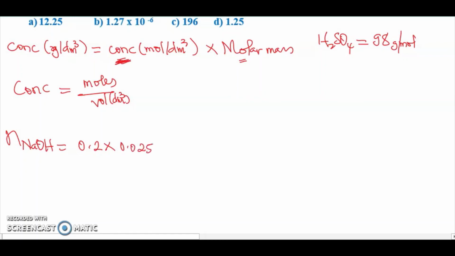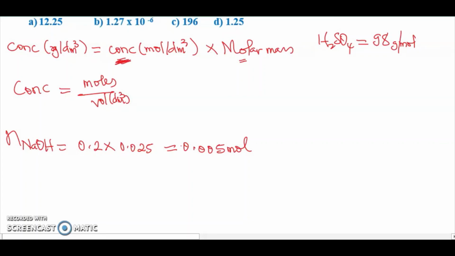This 0.025 is the 25 cubic centimeters that has been converted to dm cube. So this now gives us 0.005 mole. So we have that as the number of moles of sodium hydroxide.